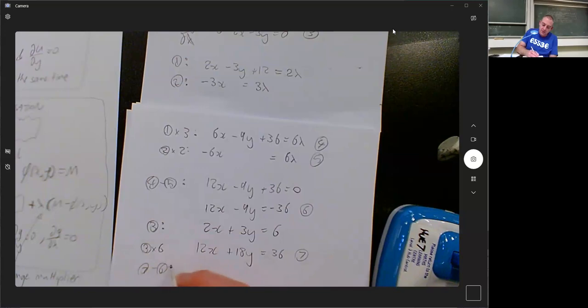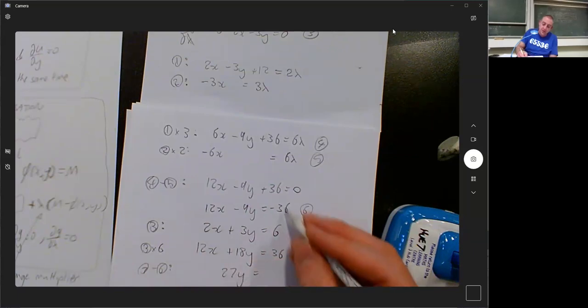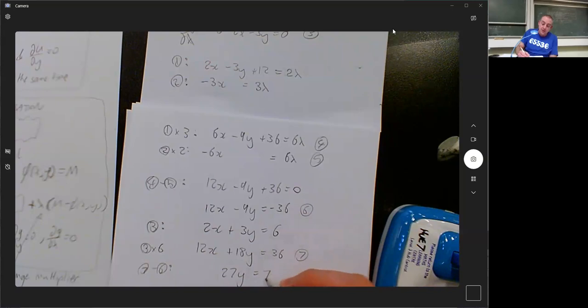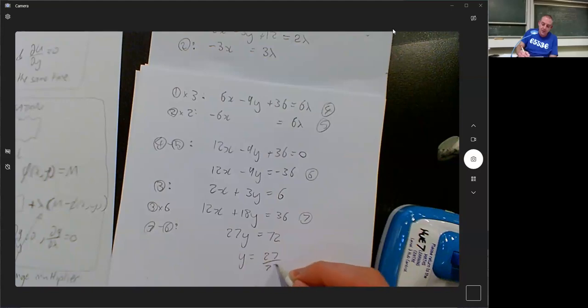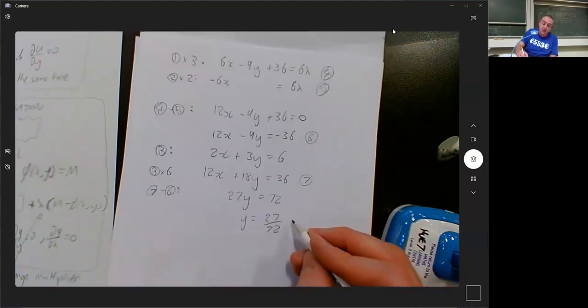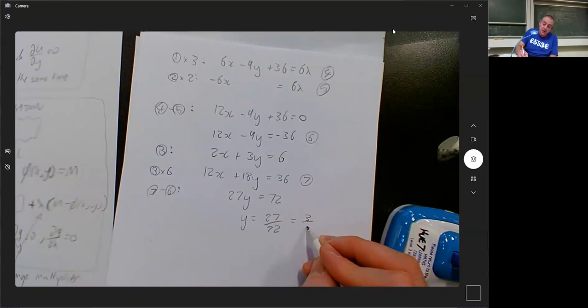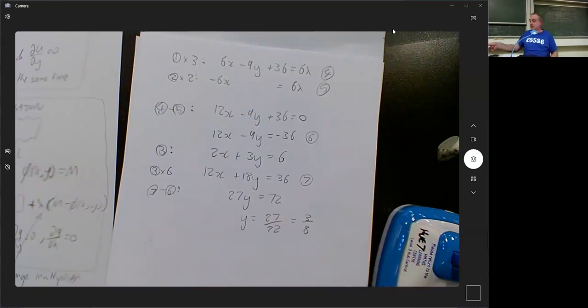This minus this, that'd go away. 18 plus 9 is 27, and 36 plus 36 is 72, and y would be whatever 72 on 27 is, well, the other way around. And they're both multiples of 9, interestingly, so that should be 8/3, which, if we're very lucky, is the answer.